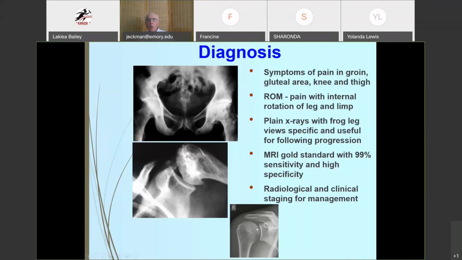This is a normal humerus, and you can see how smooth and perfectly round it is. And you can see that this shoulder joint is flattened and irregular. And so this is an individual with advanced AVN. And with AVN of the shoulder, most of the pain is right in the shoulder joint, and it's made worse by motion.